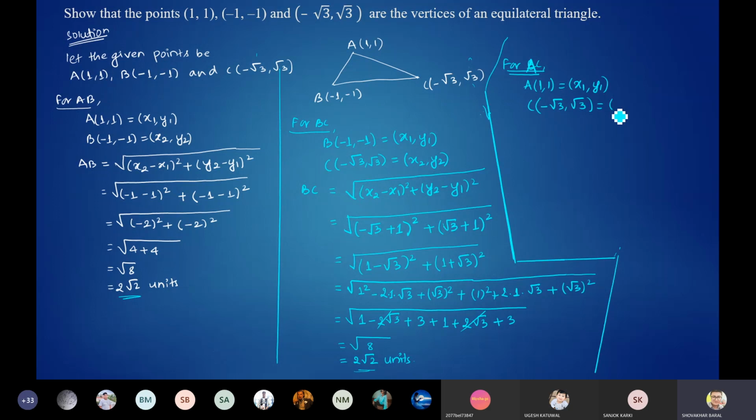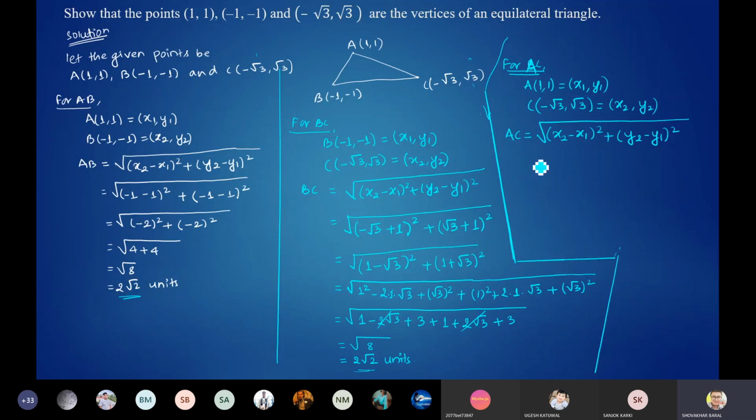And let's solve this to find the value of the distance between A and C. So the formula is square root of (x2 minus x1) whole square plus (y2 minus y1) whole square.